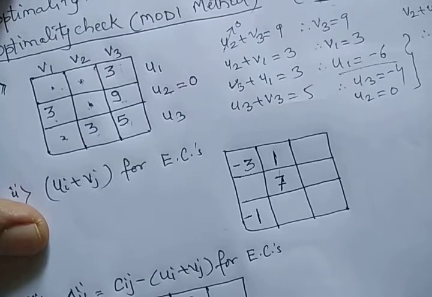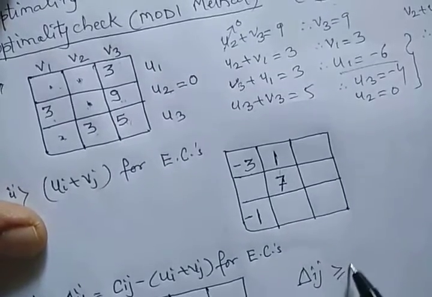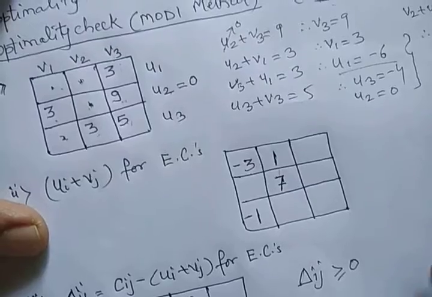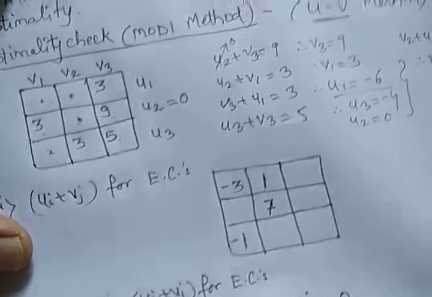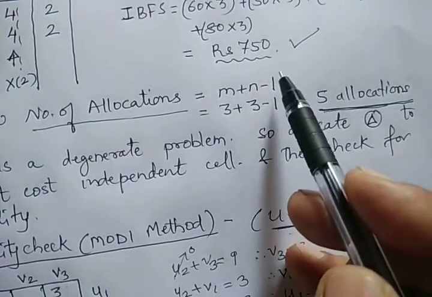Correct? Now, if all these delta Ij values are greater than or equal to 0, we say that the above transportation cost, which we have got as 750, is optimum. For this cost, I have checked whether it is optimum or not.